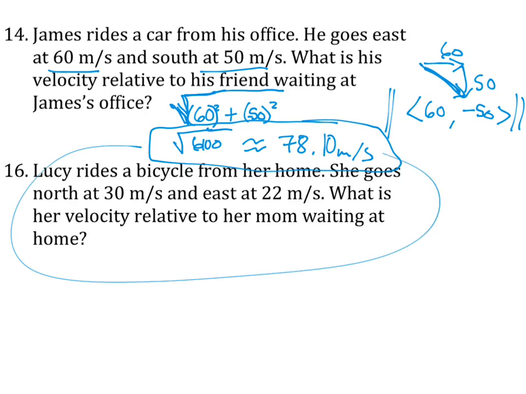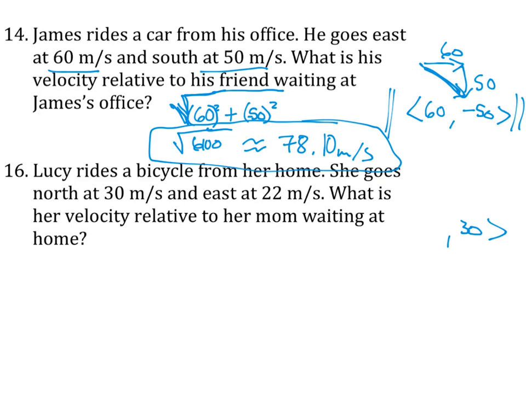And the same thing's happening down here. It's like north at 30, north is vertical, so put 30 there, and then east at 22. And then what's the relative velocity there? Well, you're going to do the square root of 22 squared plus 30 squared. You put that in, 22 squared plus 30 squared.